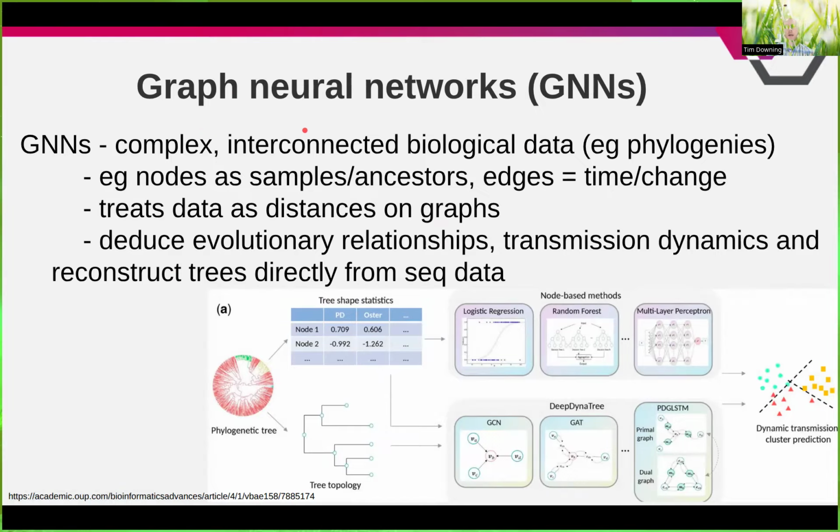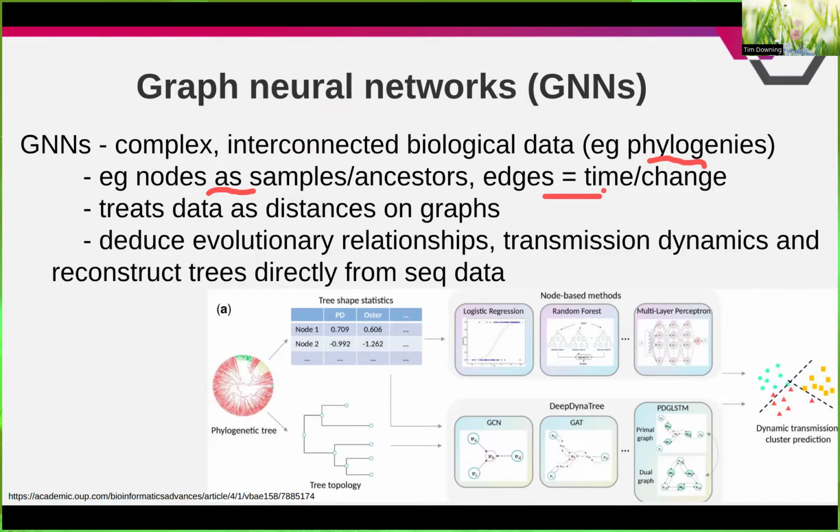I don't think in our last course we talked about graph neural networks, but they're a form of neural networks that can manage complex biological data. A phylogenetic tree is a simple example of that. Here, for a phylogeny, we might have nodes as the samples and ancestors, and edges denoting the evolutionary time or generational change.